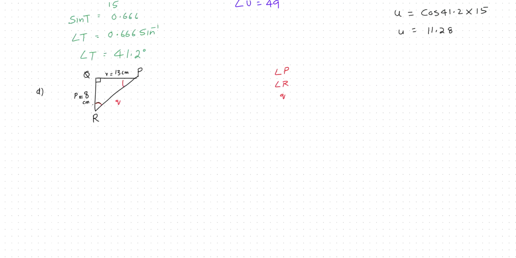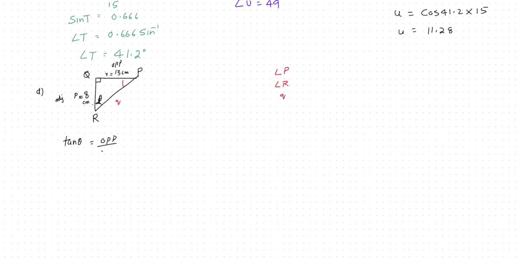So this is suppose theta. For angle R, this is opposite side and this is adjacent side. So opposite adjacent ratio is tan. So tan theta equals opposite upon adjacent.